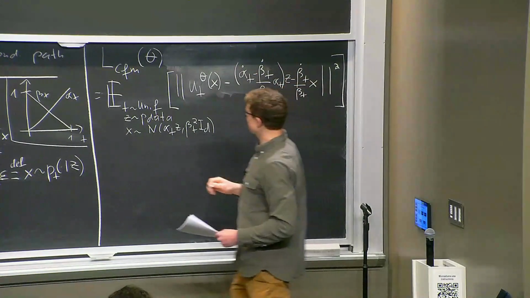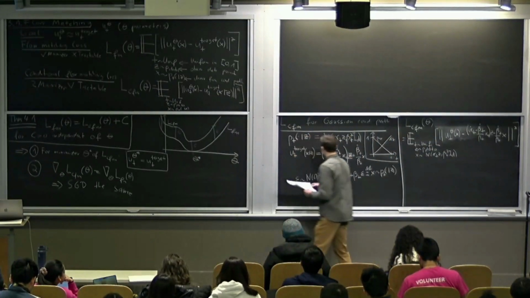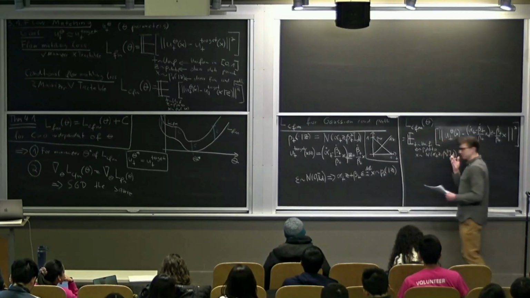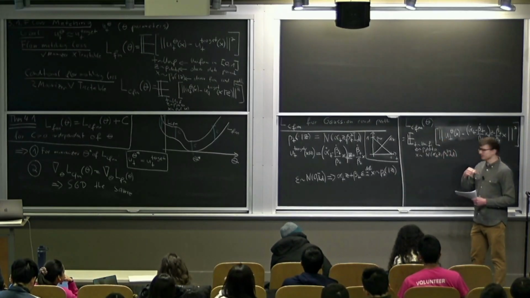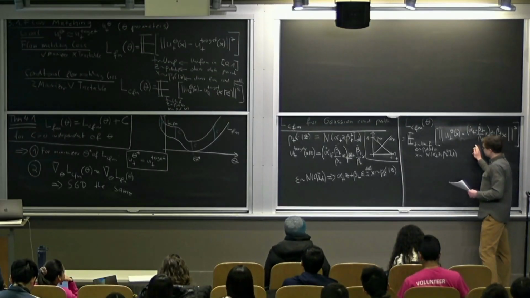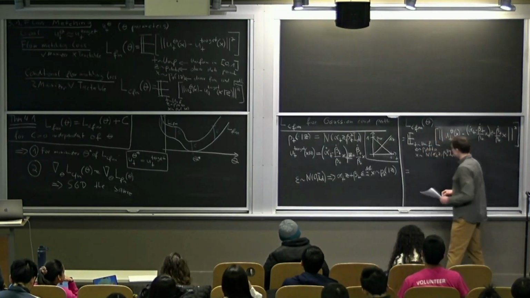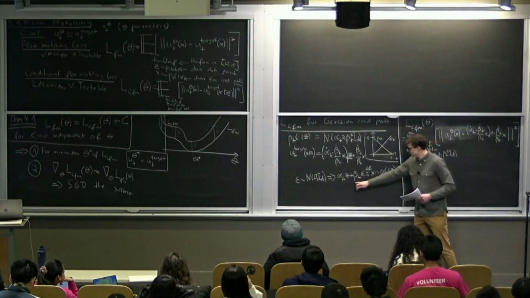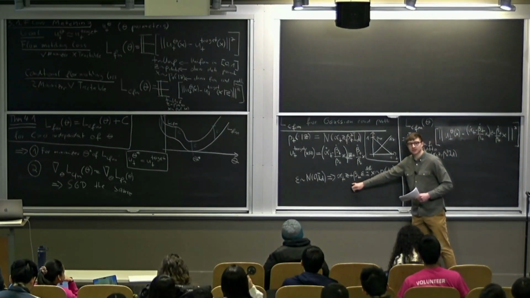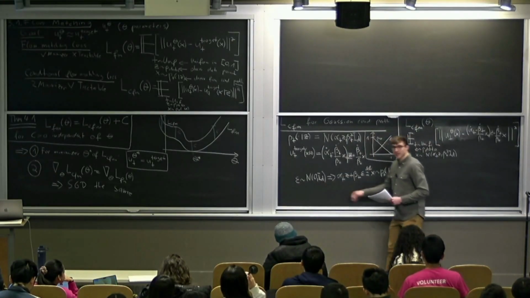So what I've done here is I've plugged into this formula. And now I'm going to replace x with this formula, okay? So instead of sampling x from this object, I'm sampling just noise and then adding it up.